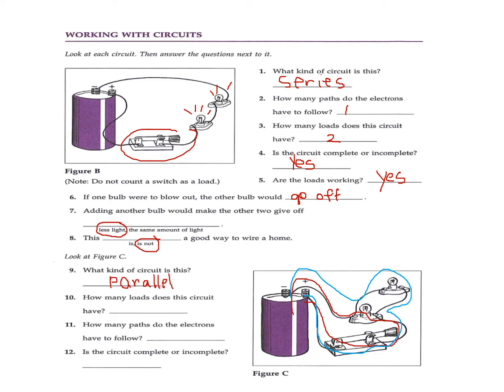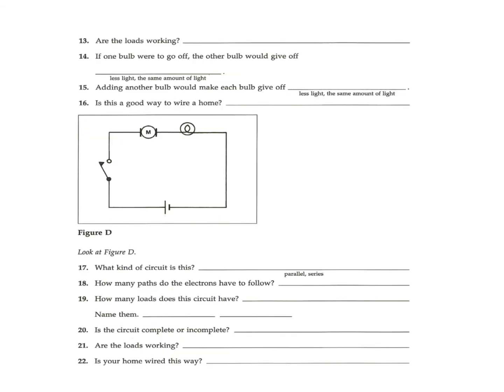How many loads does this one have? Two. How many paths? Two. Complete? Yes, it's a complete circuit because the switch is closed. Now question number 13 belongs to the other one. Are the loads working? Yes, because the switch is closed.